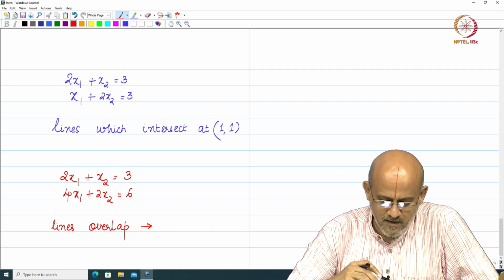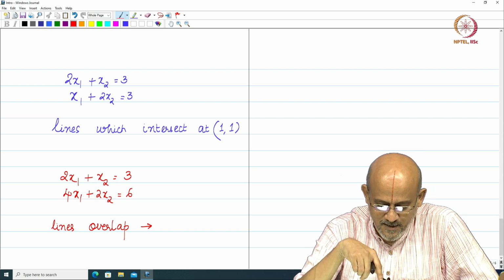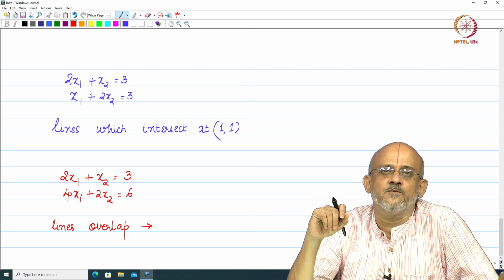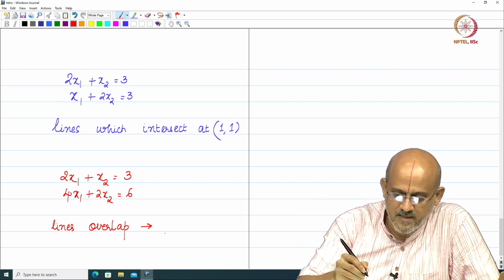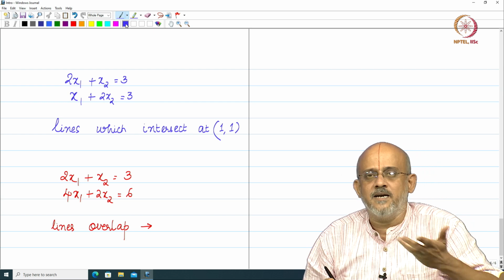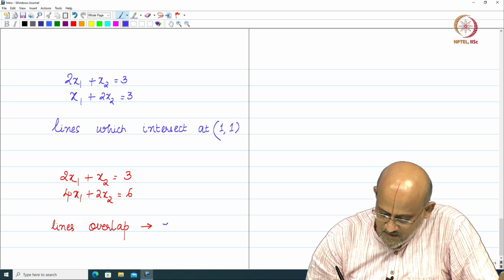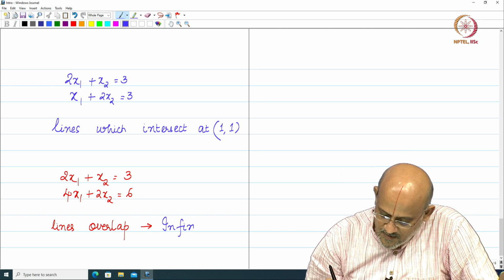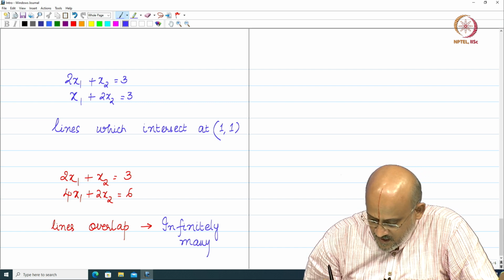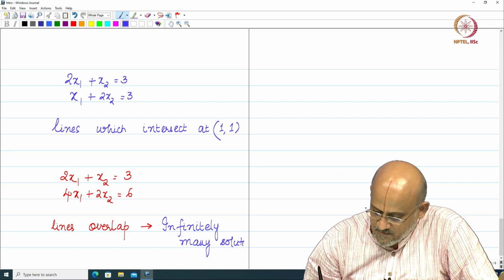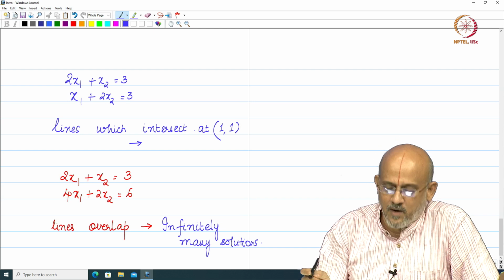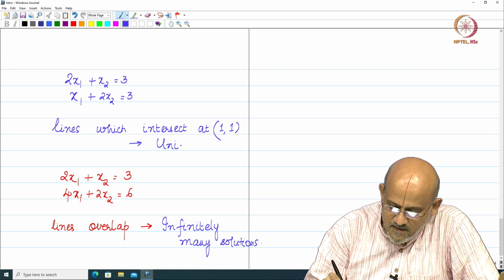Whatever point x1 comma x2 was on the line 2x1 plus x2 is equal to 3, you found all those points to lie on 4x1 plus 2x2 is equal to 6 also. Therefore, we said this system of equations has infinitely many solutions. And in the first case the lines intersected only at 1 comma 1, and therefore that had a unique solution.